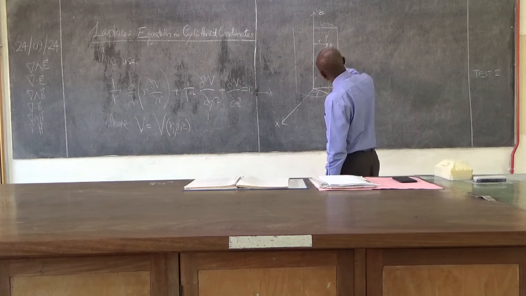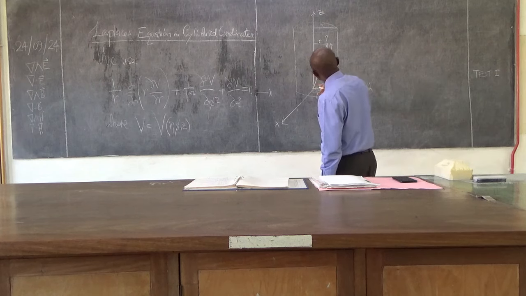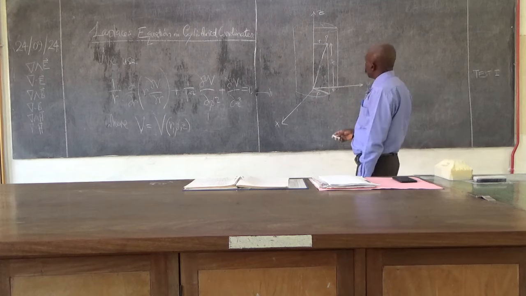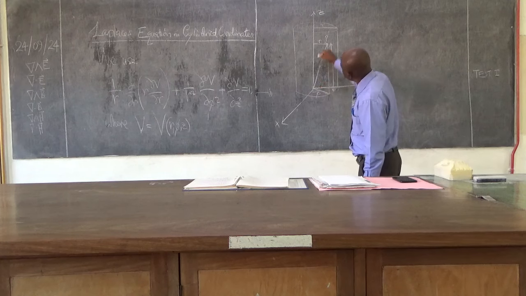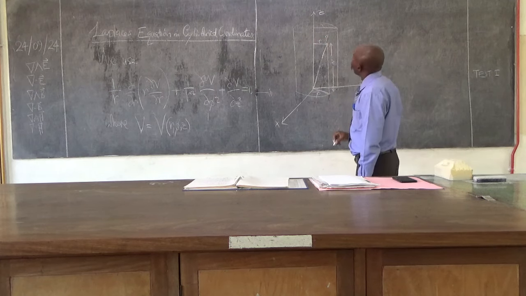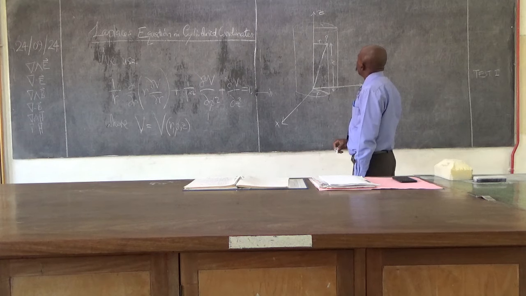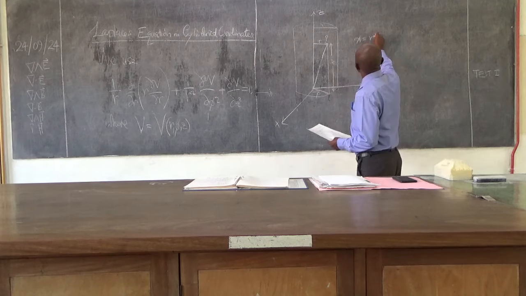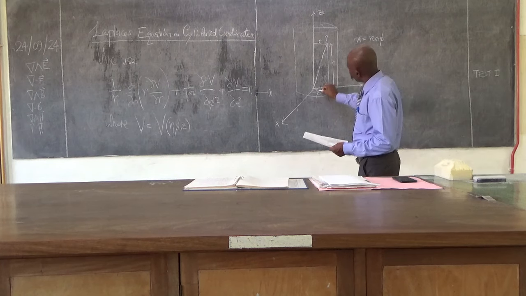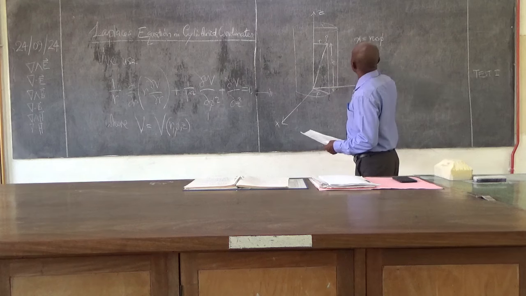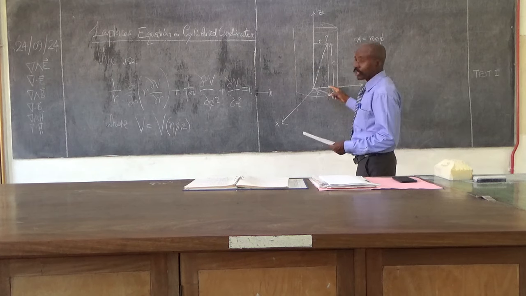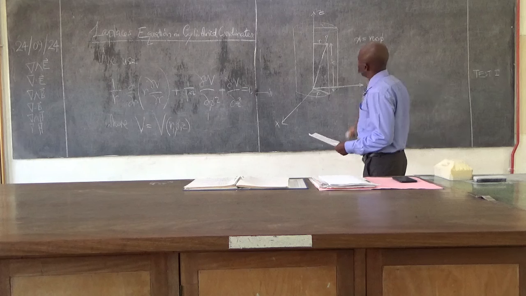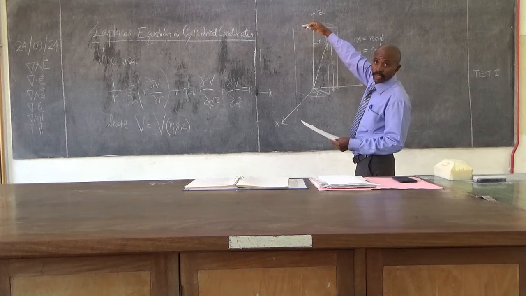If this is the phi, the angle cut by this plane as it sweeps, and this is R, then x is R cos phi, y will be R sin phi, and z will remain whatever you get going up here.